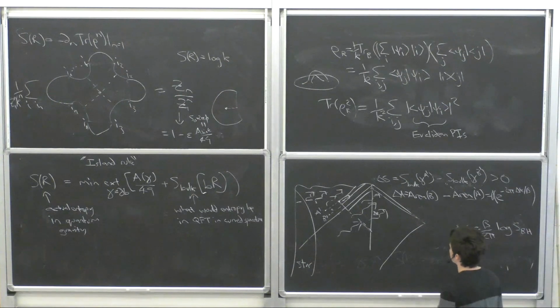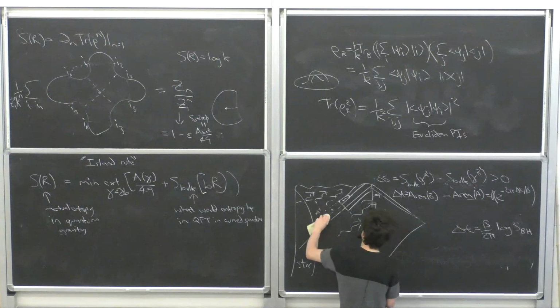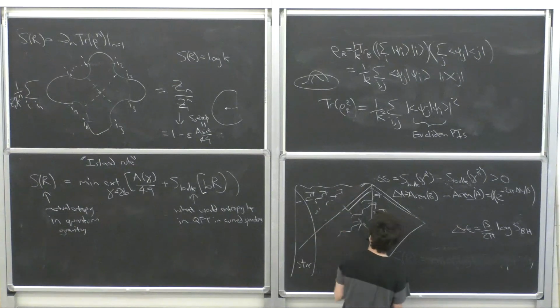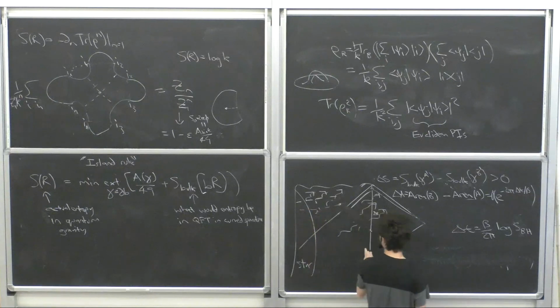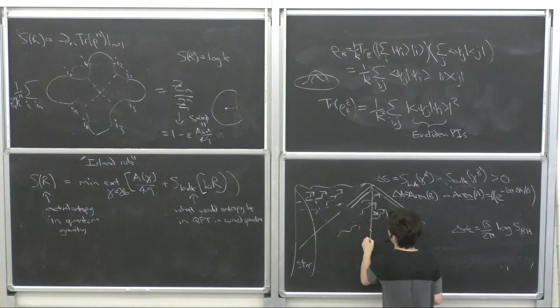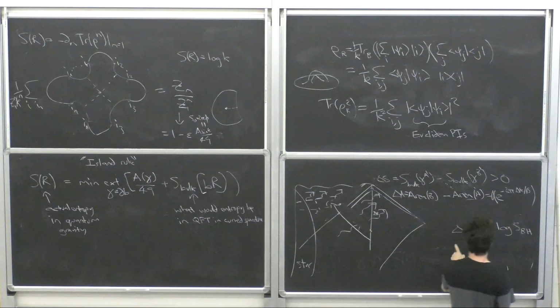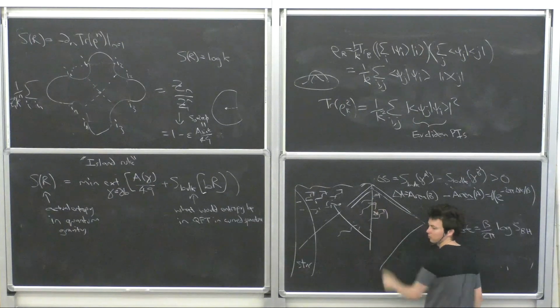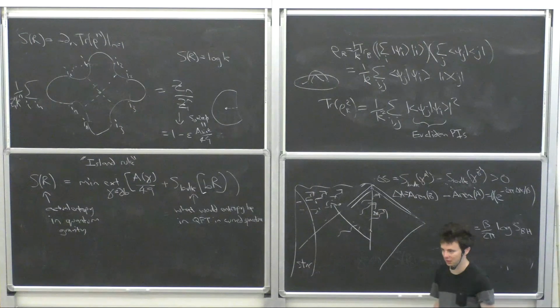So what this tells you is that if I want to successfully make it into the region with the branch cut, I have to have jumped into the black hole at least this time delta t before we're computing the entanglement entropy of the radiation.